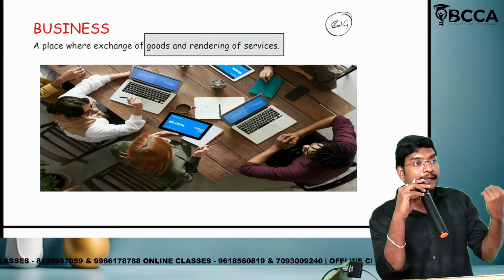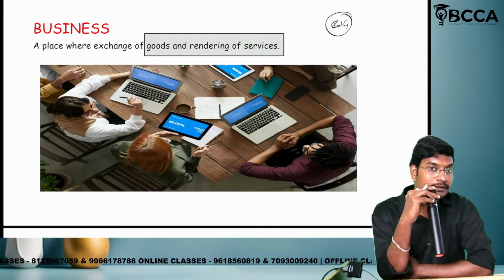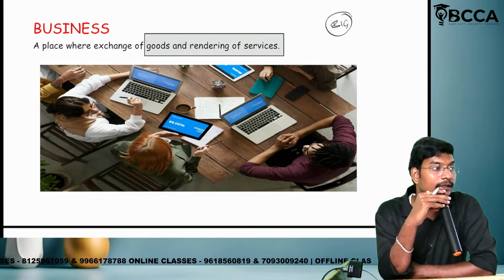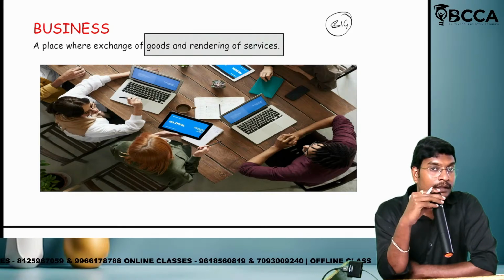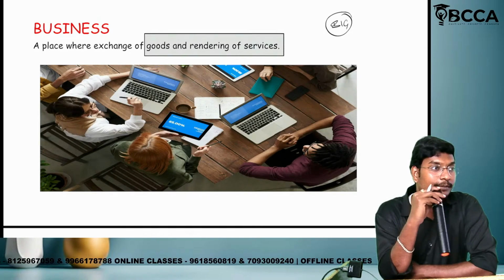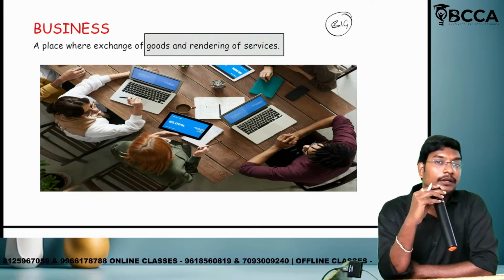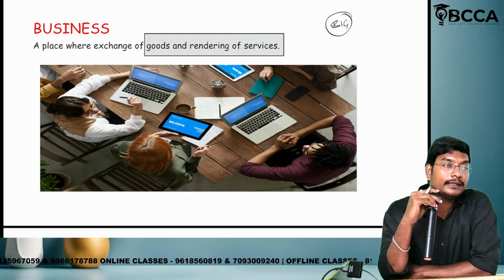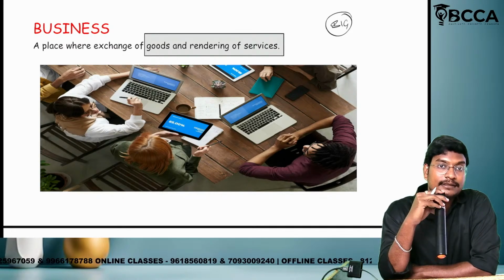If you take the canteen of our campus, for the canteen, chocolates, biscuits, and a special item, Guntur Karam, are called goods from the canteen point of view. So this canteen will exchange the goods.